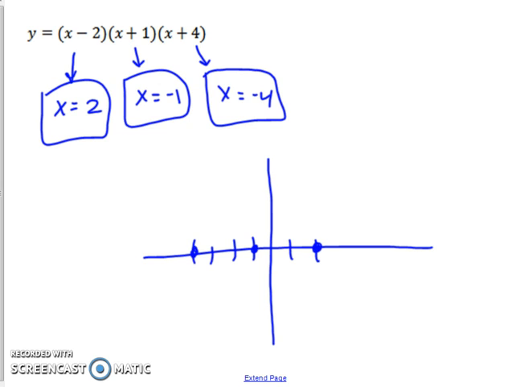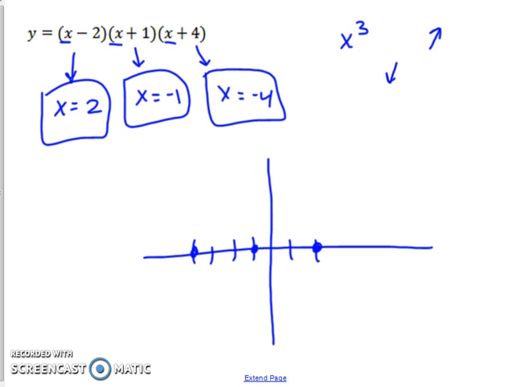For these, I just also want to find the end behavior. So if I multiply these together, which I'm not going to do, but if we multiplied them, because there's three x's, this would be an x cubed function. And the a value would be positive, because I have a positive x and a positive x. Since it's x cubed, and my degree is odd, and it's positive, I know that my ends are going to look like this.